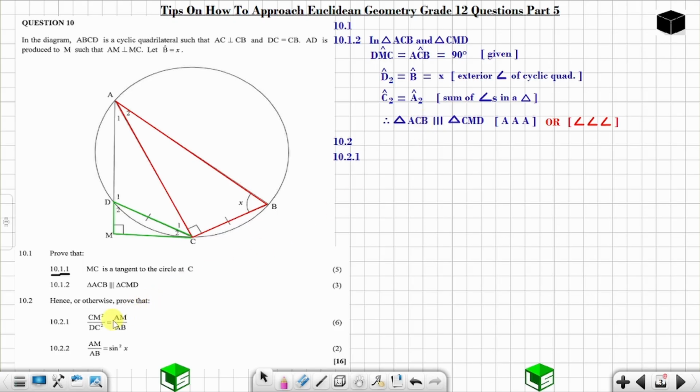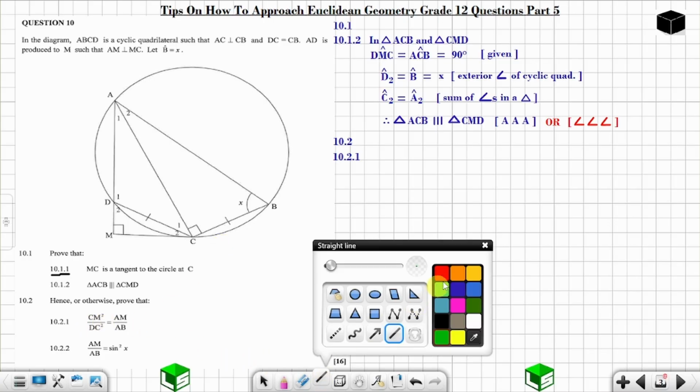So we don't have AM. Okay, let me do this. We have to check what we need, so that you can see in which triangles we have to work.